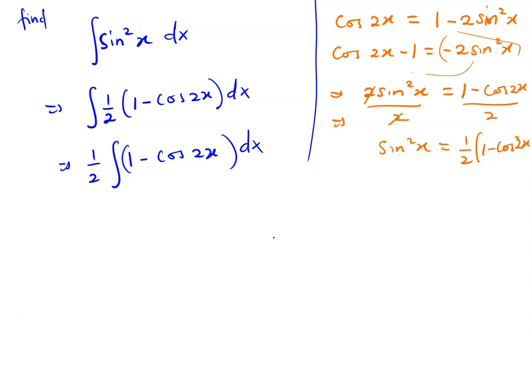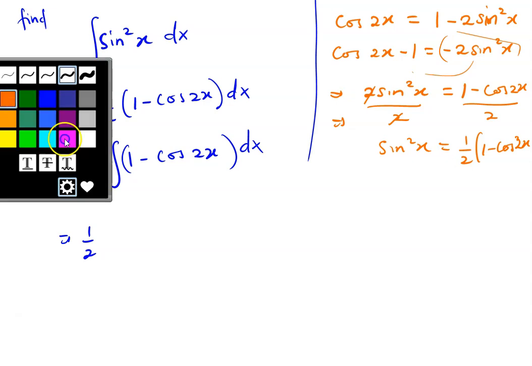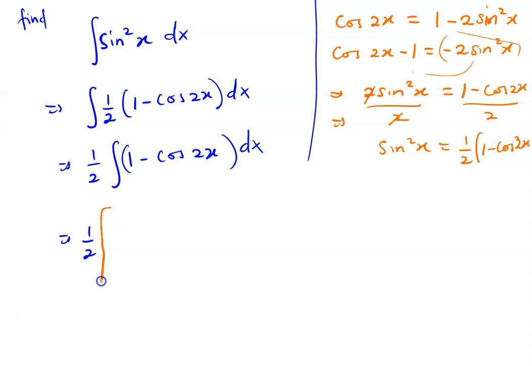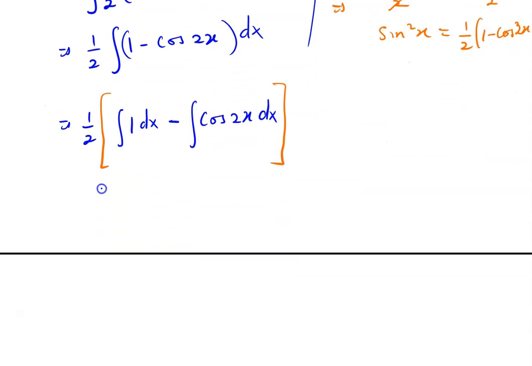Now I can expand the integration sign over here. I'm going to get half, and let me use an orange color to show the external brackets, then integral of 1 dx minus integral of cos 2x dx.